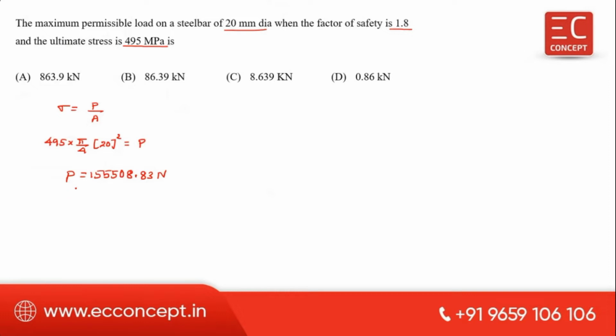Then they are asking for the permissible load. Therefore, the permissible load is equal to the ultimate load divided by the factor of safety. That is P divided by 1.8, the factor of safety. That is 86393.79 Newton. So in terms of kilonewton, 86.39 kilonewton. So the answer for this question is P.